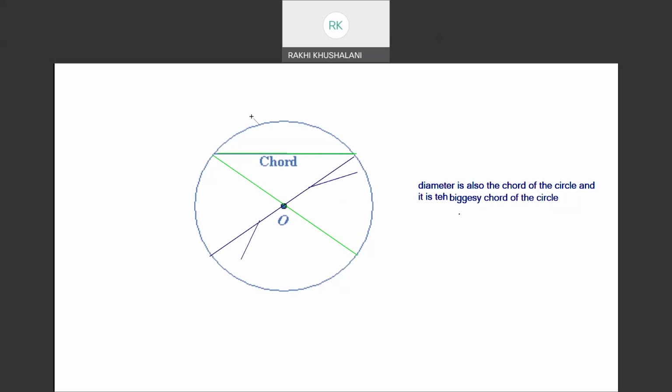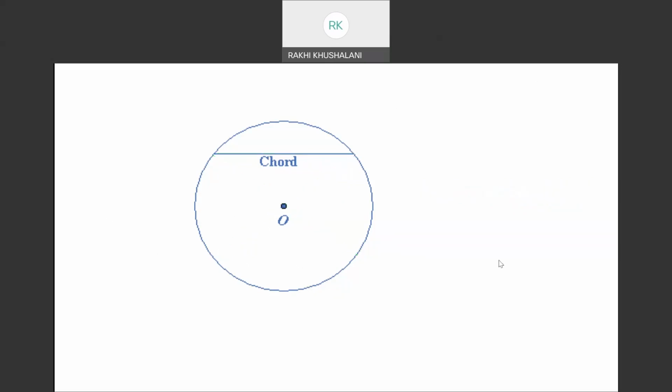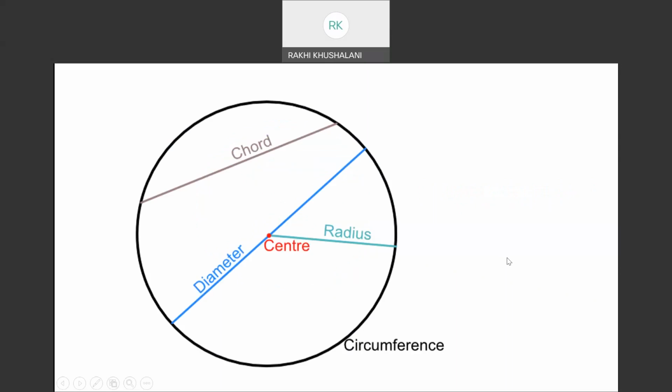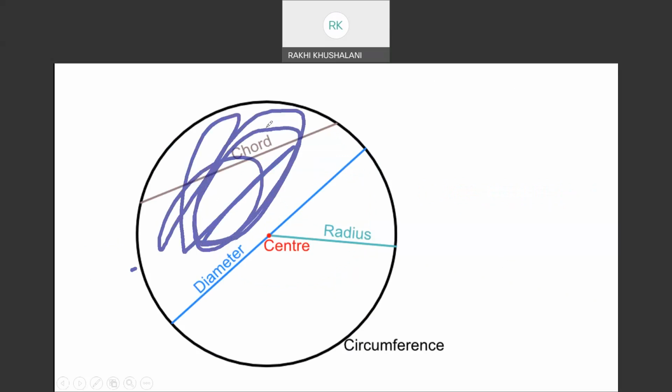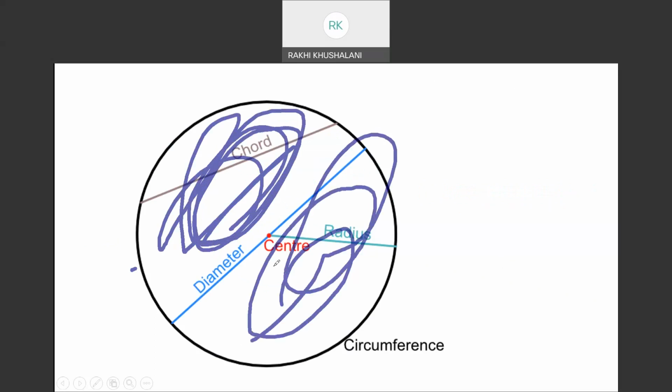Okay, now let's look at the next part. So we learned about the chord, the diameter, the center of the circle, and the radius, and we realized that the two parts on the other sides of the diameter are the semicircles.